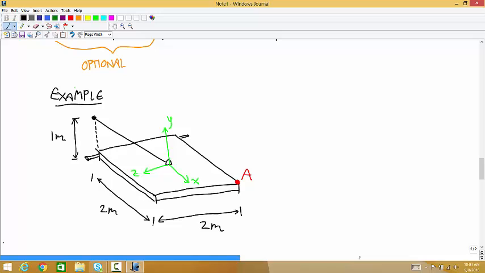So if we know that the tension in that cable is something, looks like 10,000.